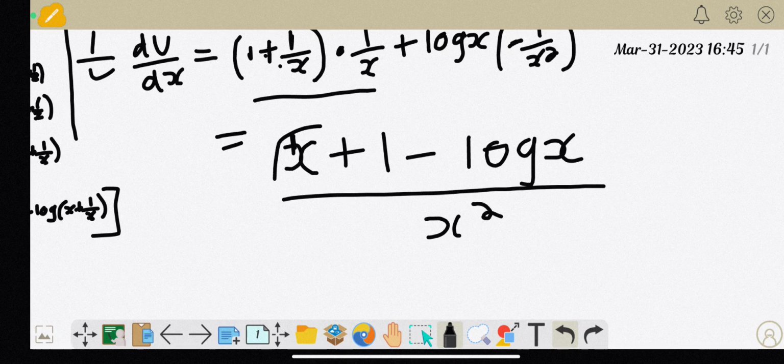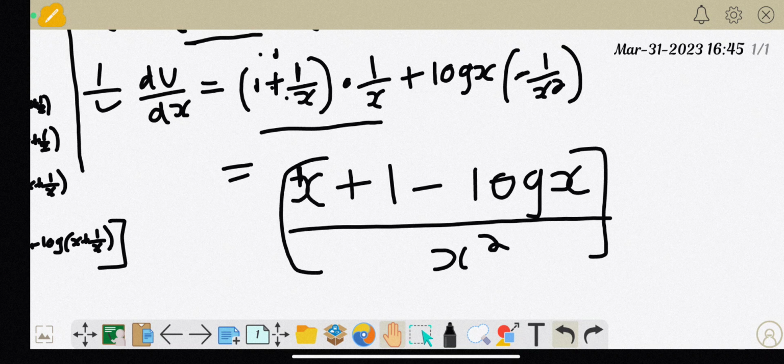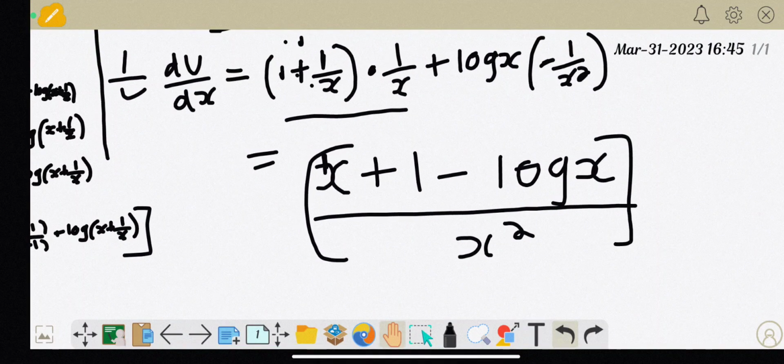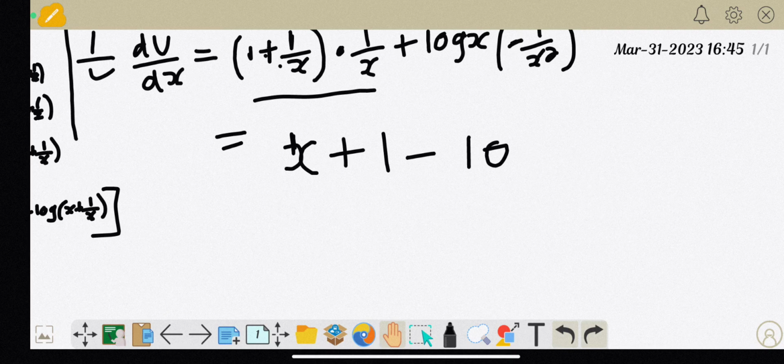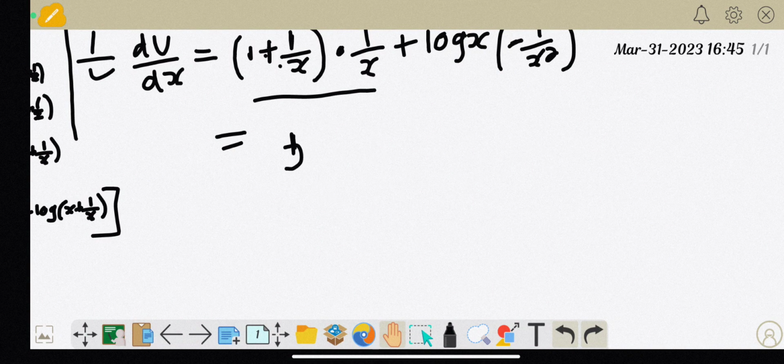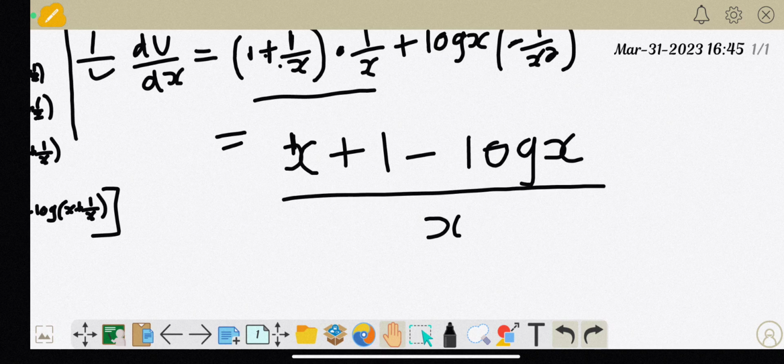So did you understand how I wrote this? You understood the steps, right? What did I do? So this was there, right? I just added it. So this is what you will get.